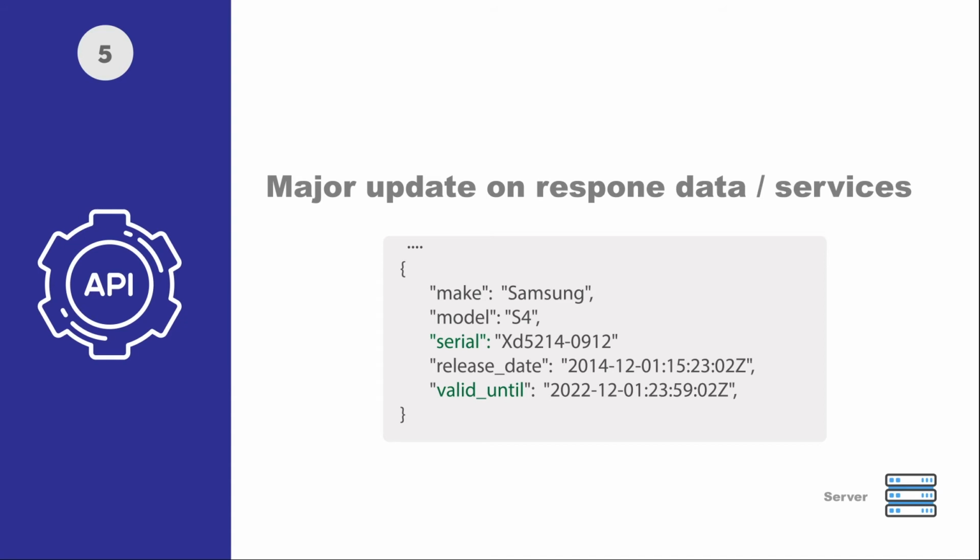There may be a long, big, nested payload. So in that case, we should consider using a different version than the previous one, because the payload has changed and the payload can affect the way users consume our endpoints.